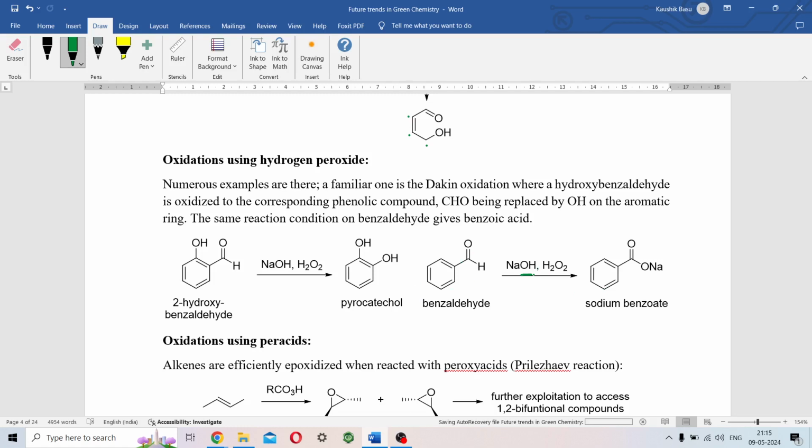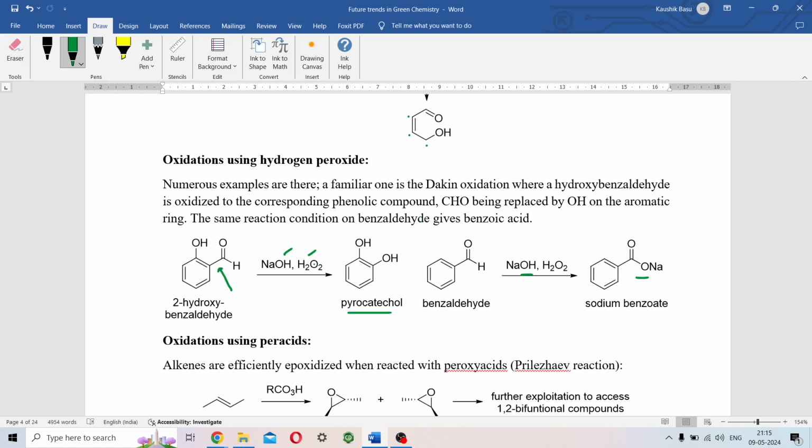Under this reaction condition you will isolate the sodium benzoate, and if you take salicylaldehyde, then it will form the corresponding formate ester, where an oxygen atom will be inserted here, and hydrolysis of that will give you pyrocatechol, that's catechol. So these are the Dakin oxidation, where H2O2 is acting as an oxidizing agent.